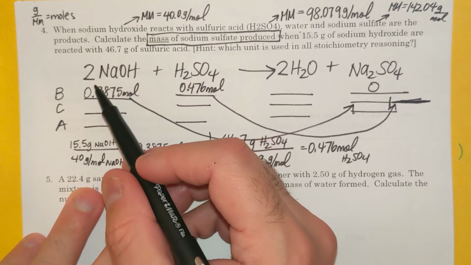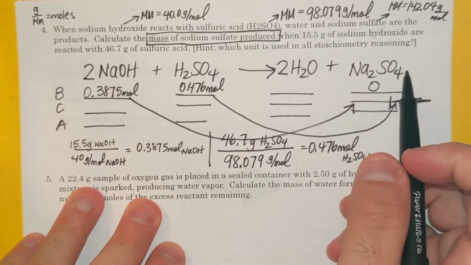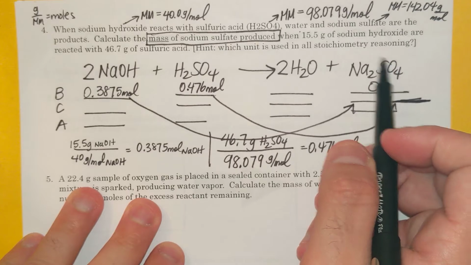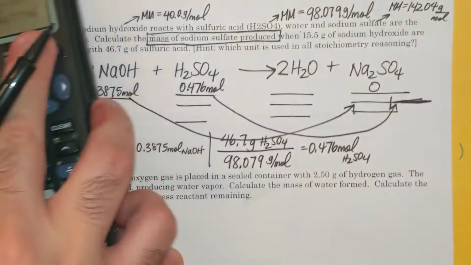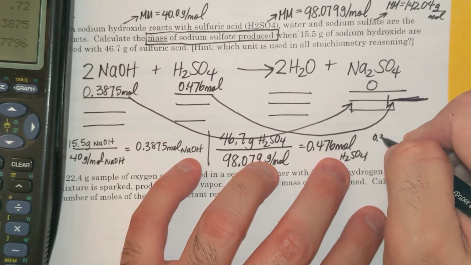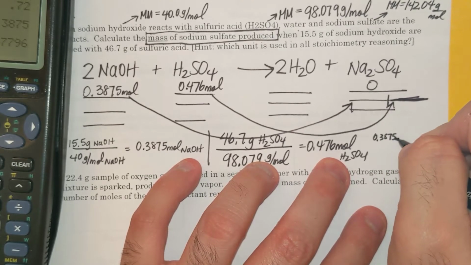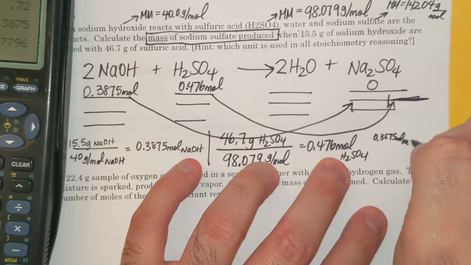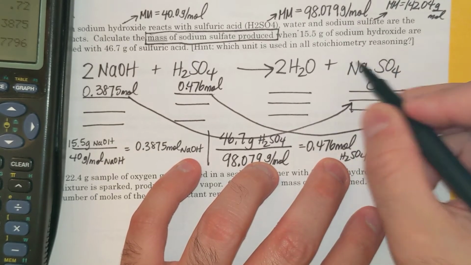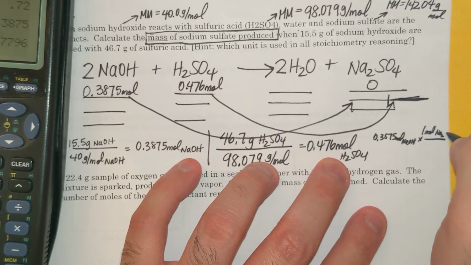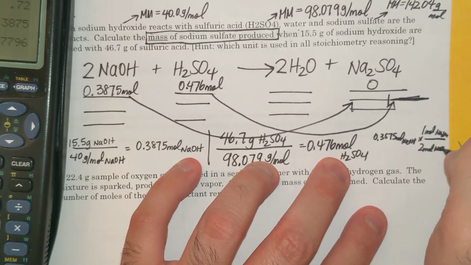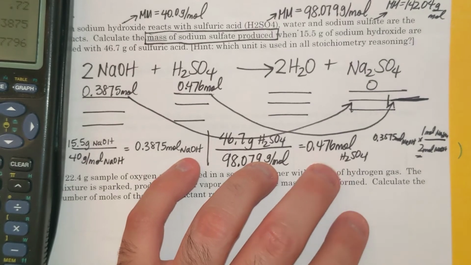So, to go from sodium hydroxide to sodium sulfate, it is a 2-to-1 ratio. So you're going to see that I'm going to halve this, but I'm going to show you that math. I'm going to have 0.3875 moles of NaOH times 1 mole of Na2SO4 to 2 moles of NaOH.